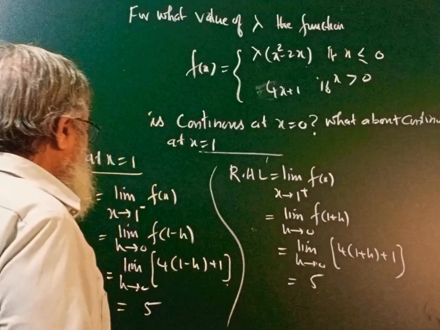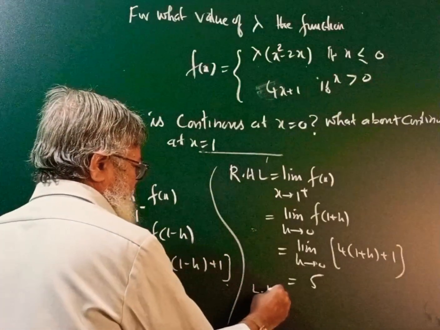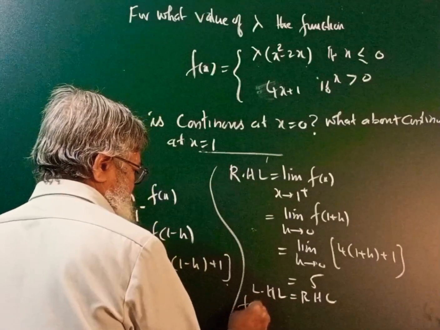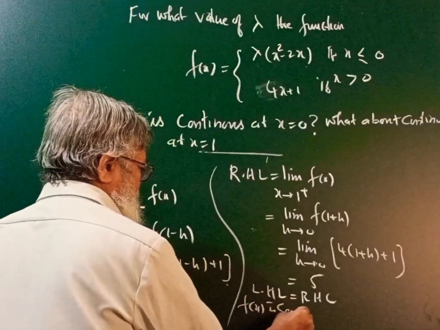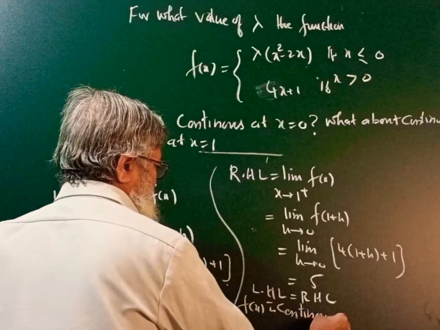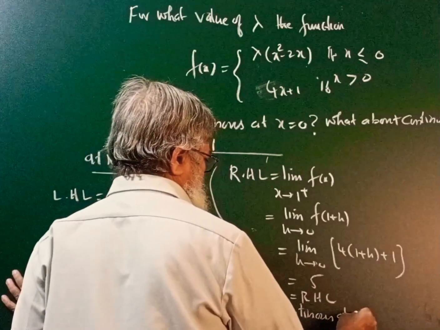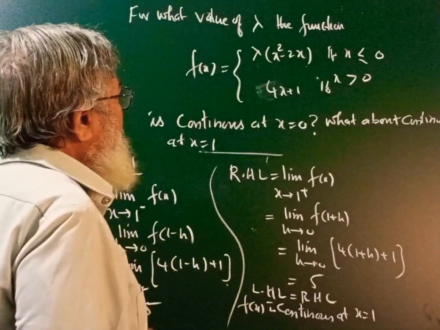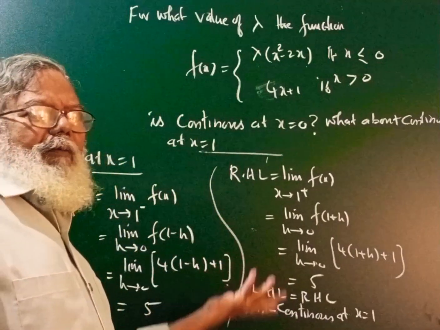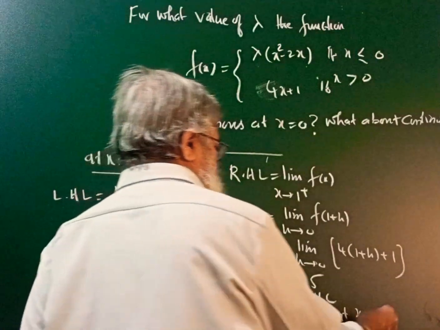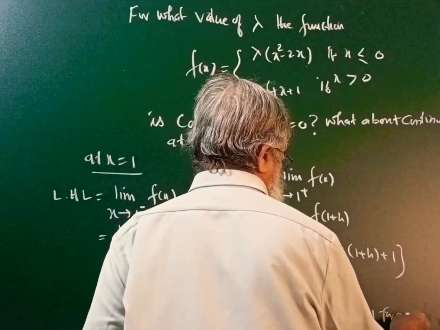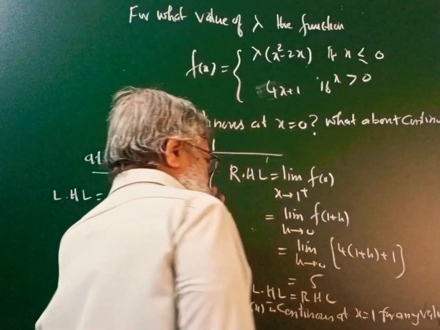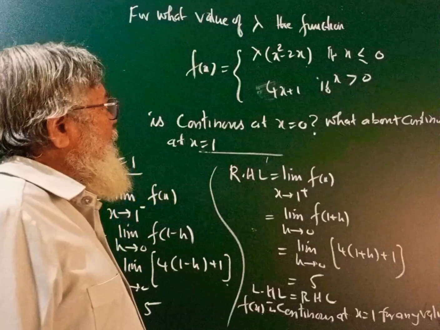You can see the left hand limit is equal to the right hand limit, so the function f(x) is continuous at x equal to 1. And here lambda is nowhere in the discussion, so that's why we can write: for any value of lambda, that is the required answer.